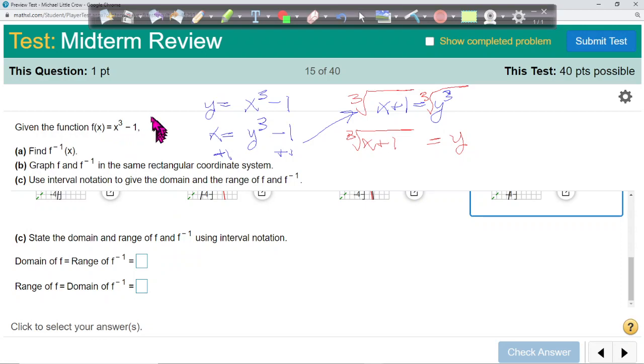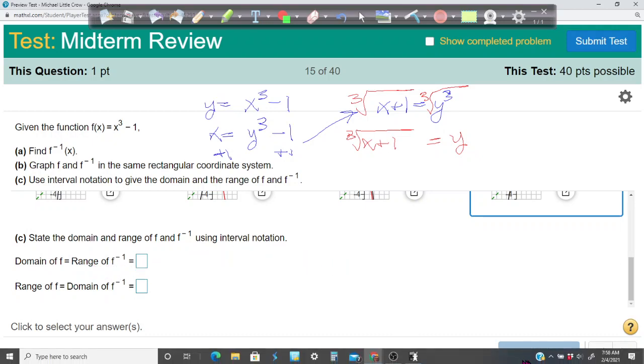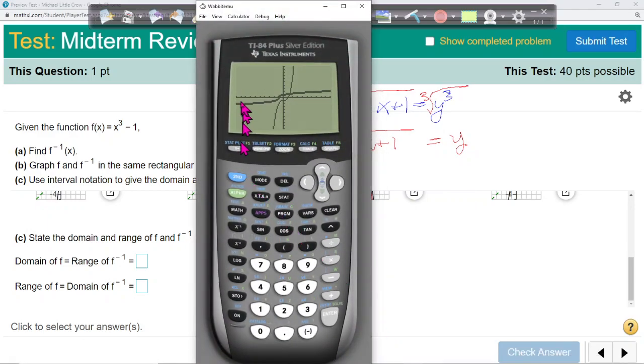Well, first function has no problems. There's no division by 0 if there's no square roots. So the domain of f itself is all real numbers. And you can kind of see that from the graph itself, right? The domain there's nothing hidden here. There's no undefined portions. The other thing is the range is also going from negative infinity to positive infinity, the y values in both cases.